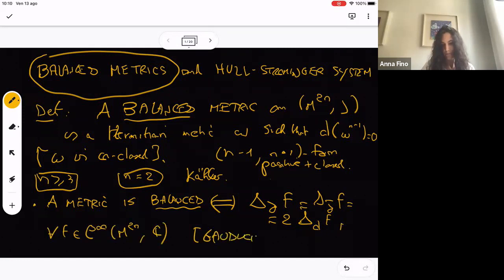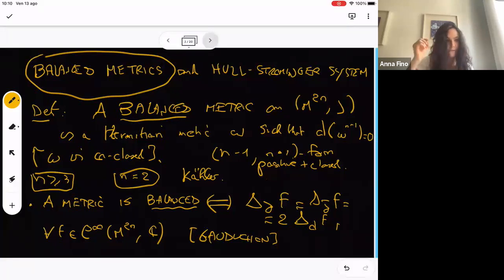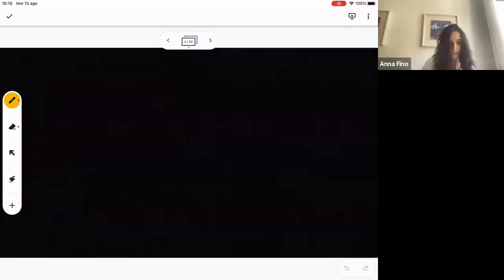The original definition of balanced metric is due to Michelsohn. And in fact, Michelsohn found a nice characterization of compact complex manifolds admitting a balanced metric. That is another famous property, in terms of currents this time.